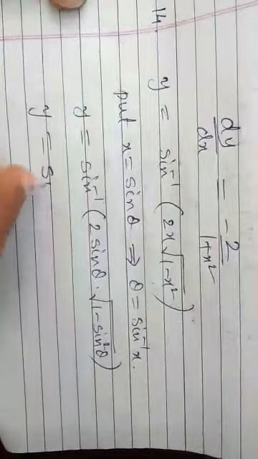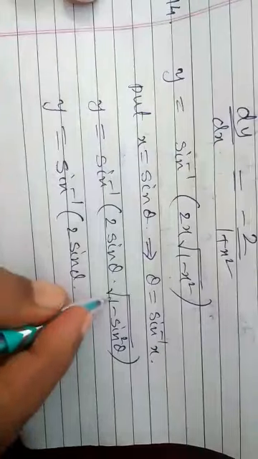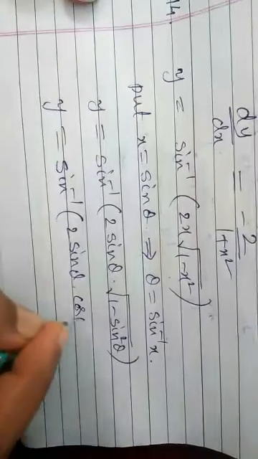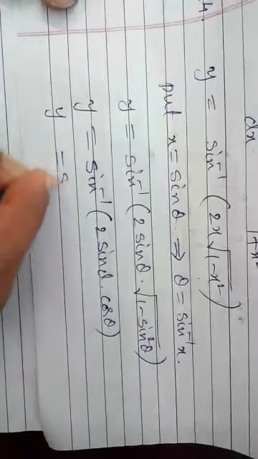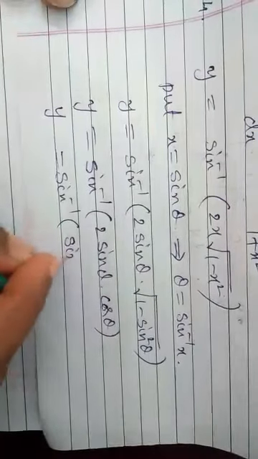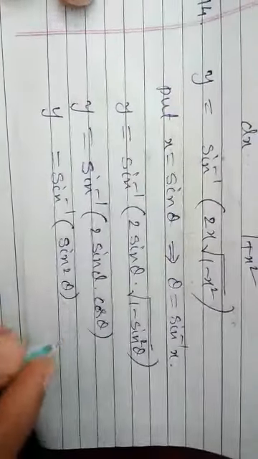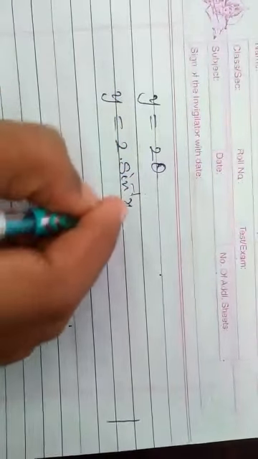So y is equal to sine inverse of 2 sine theta into root 1 minus sine square theta, which is cos theta. And by using the trigonometry identity, y is equal to sine inverse of 2 sine theta cos theta, which means sine 2 theta. So now y is equal to 2 theta, and y is equal to 2 into sine inverse x.